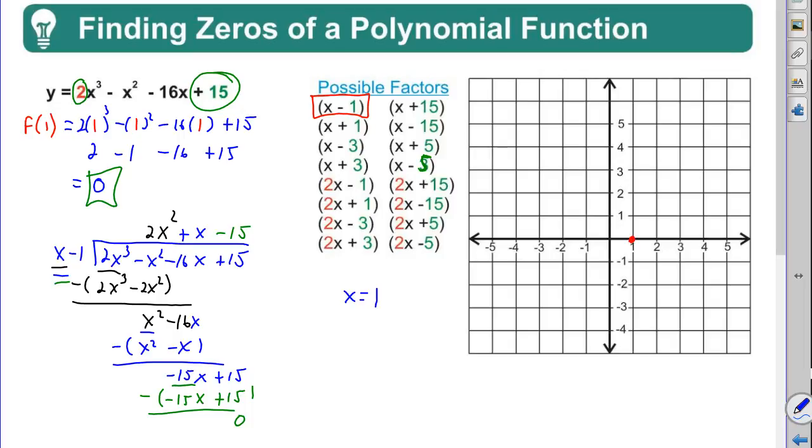So here's where I'm at right now. And I know it's a little complicated, but that's okay. We can handle it. We have this factor, and now I'm going to take the 2x squared plus x minus 15. I'm going to see if I can factor this. 2x and x. I'm thinking 3 and 5. Yeah, 3 and 5.